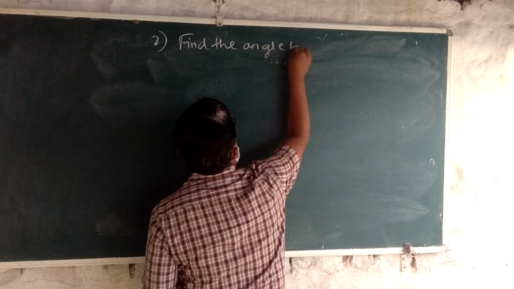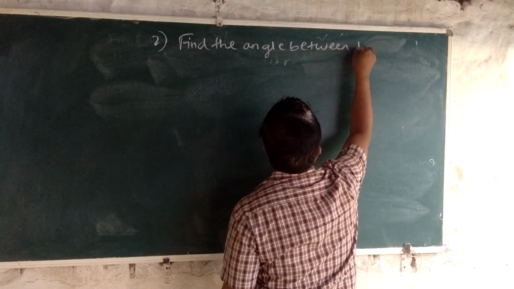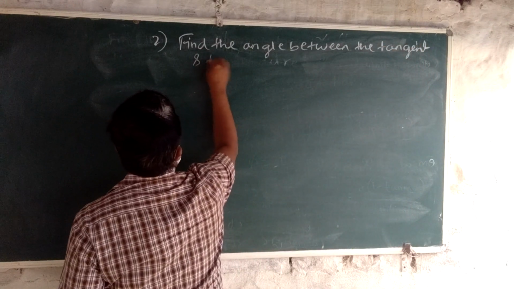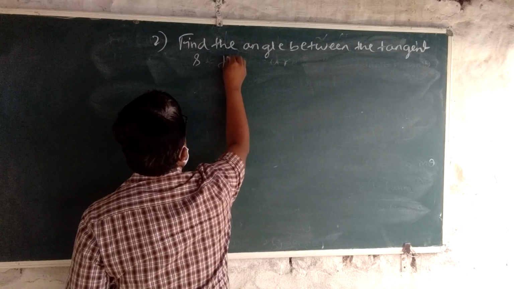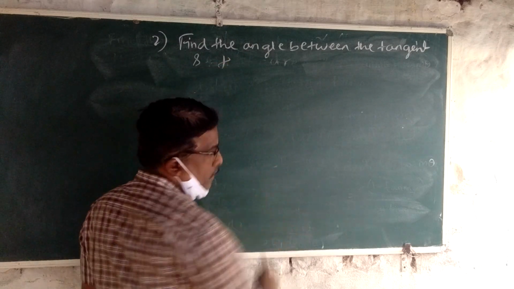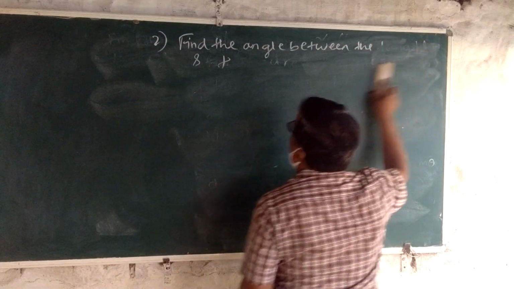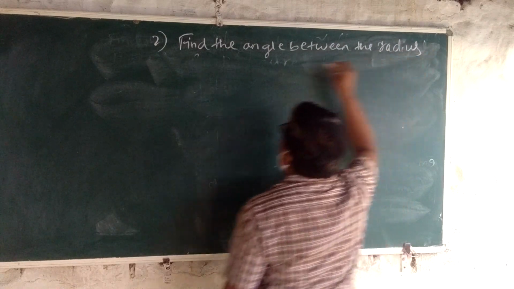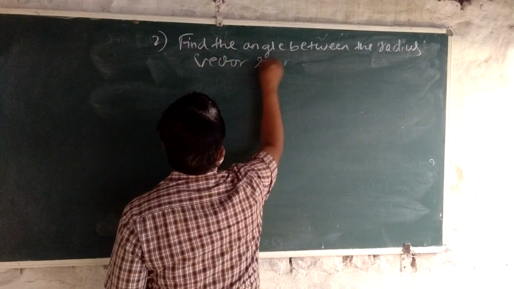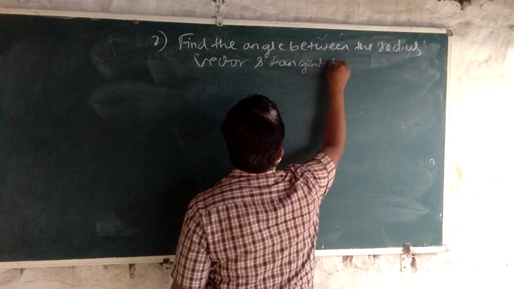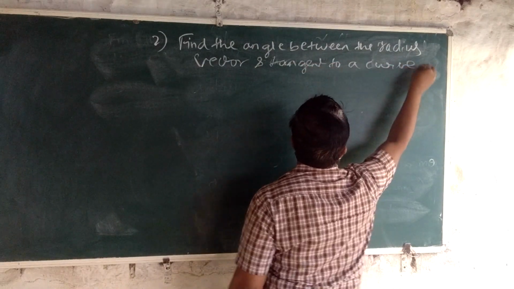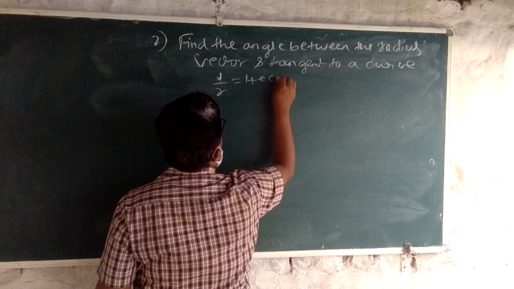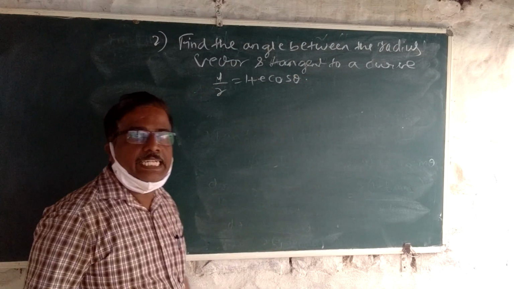Find the angle between the radius vector and the tangent to the curve l/r is equal to 1 plus e cos θ.